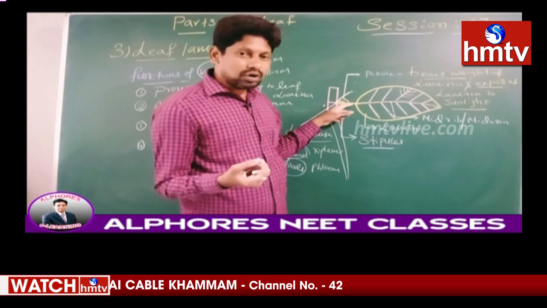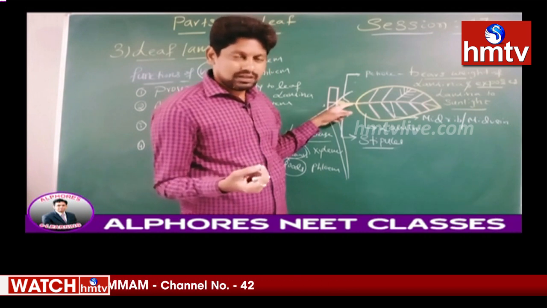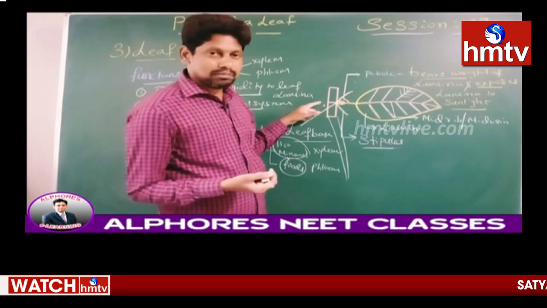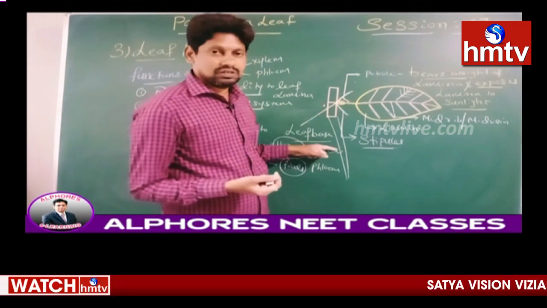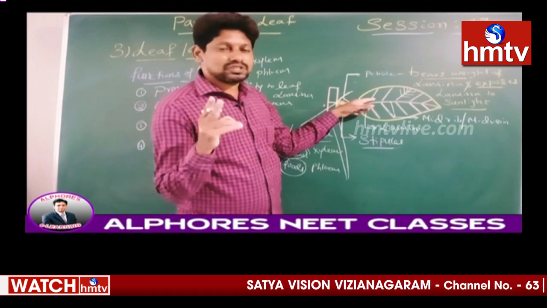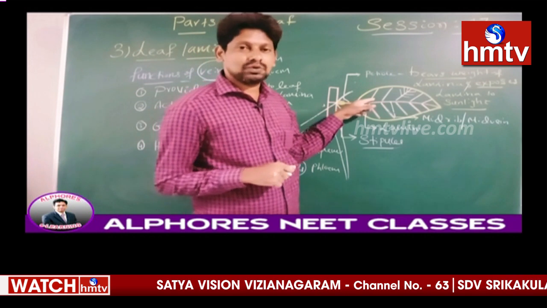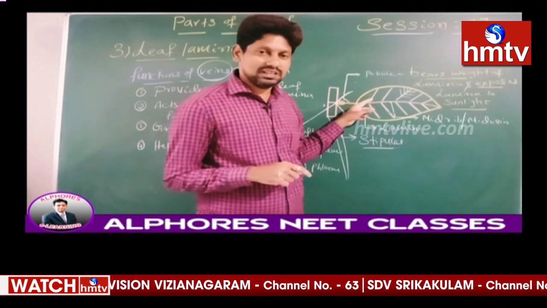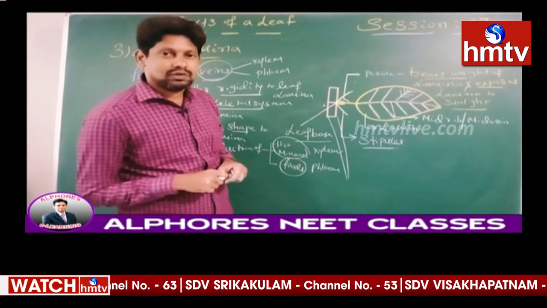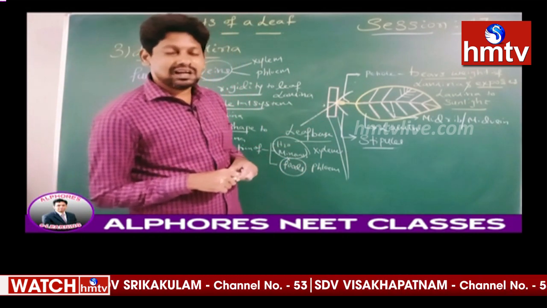Now this petiole has phloem. That phloem present in the petiole takes the food to the stem. From the stem, this food moves to the root. It means the veins present in the leaf lamina also help in conduction of food materials. Therefore, these veins help in conduction of water, minerals and food materials.